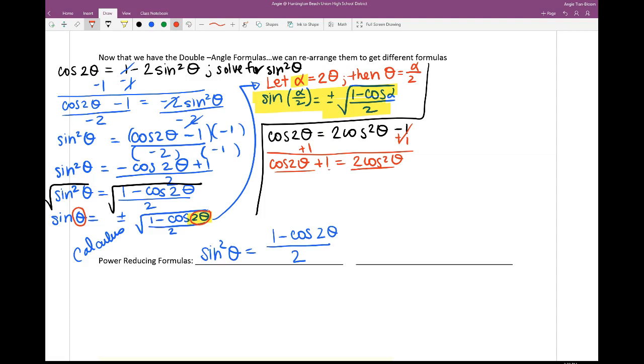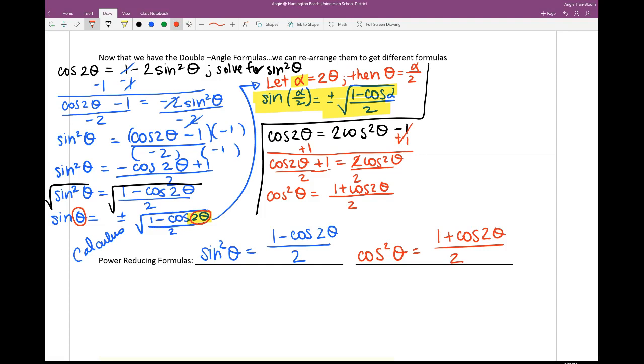Divided by 2. Okay, so now I'm going to write cosine square over here. Cosine square of theta equals, I'm going to write the 1 plus cosine of 2 theta, not because it's any better, just to keep it the same as this power reducing formula here. So this is cosine square of theta is now 1 plus cosine of 2 theta all over 2.